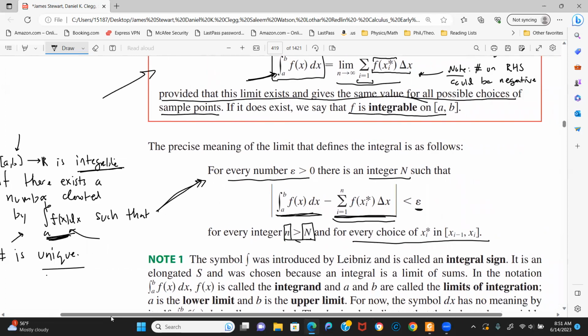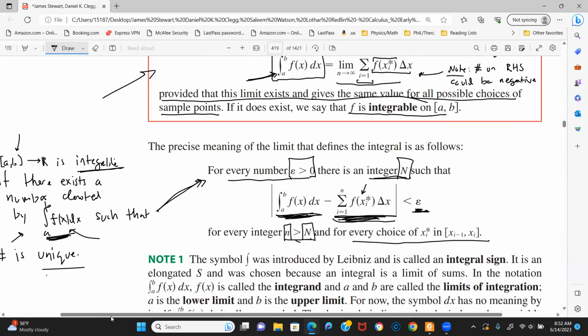That is, for every small distance epsilon, you can find a large enough integer capital N, which is like a lower bound on how many subintervals you need, such that this number is within this approximation right here. Remember, you take a curve and chop up the interval into a finite number of pieces, look at rectangles maybe above or below the curve, and it approximates the area. And it's going to approximate it to within epsilon units.